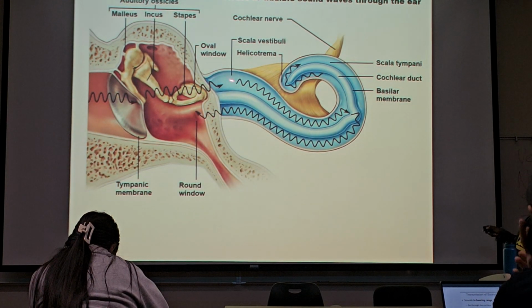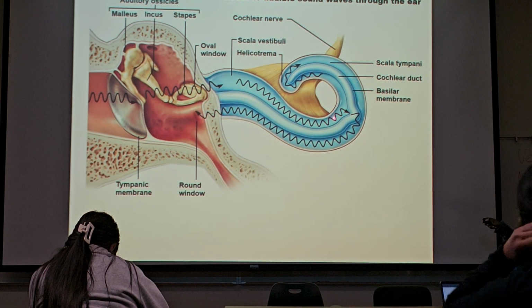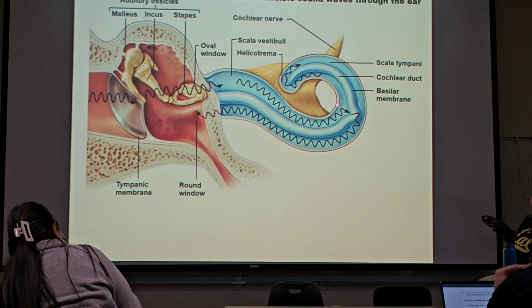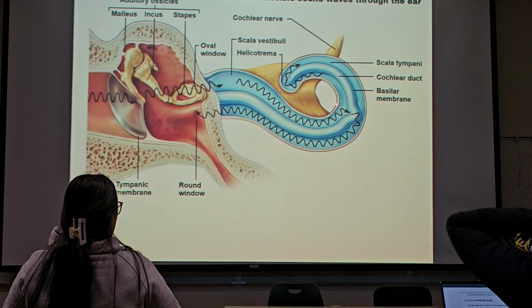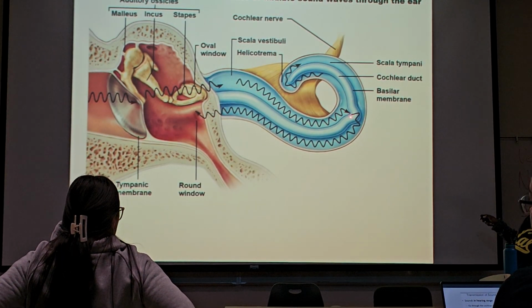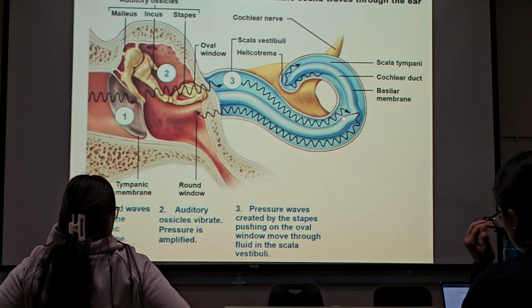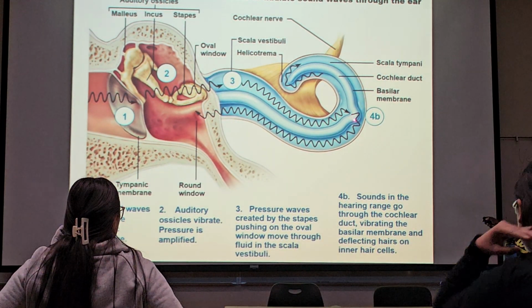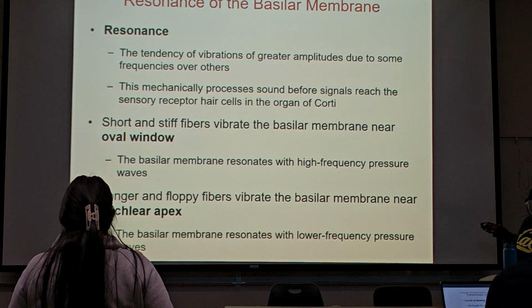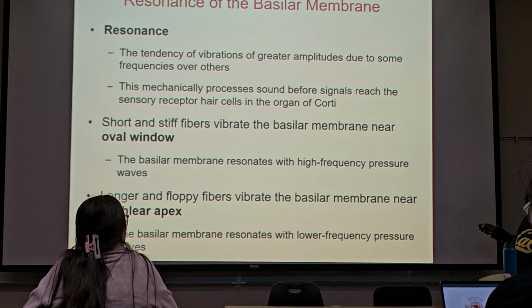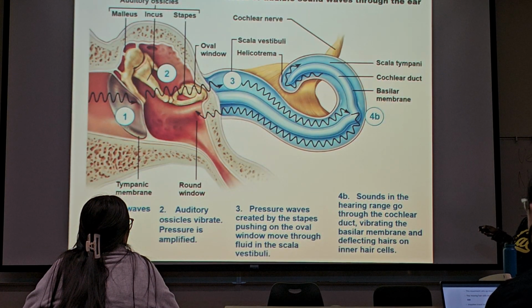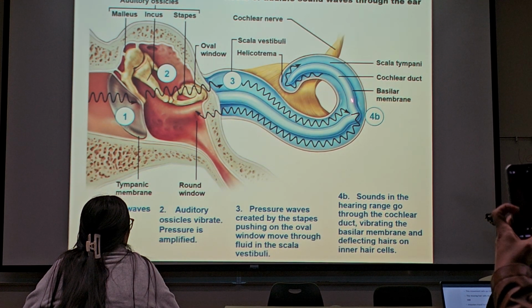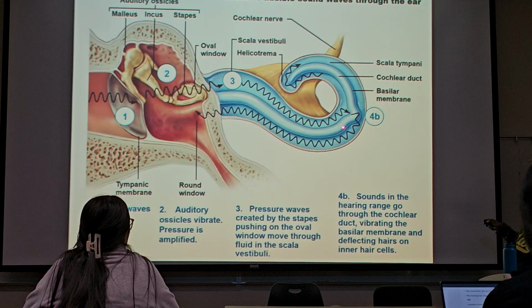It still comes into the scala vestibuli, but with the frequencies we can hear, we disturb the scala media and the organ of Corti inside of there. When we do that, we disturb the organ of Corti that's inside of here.